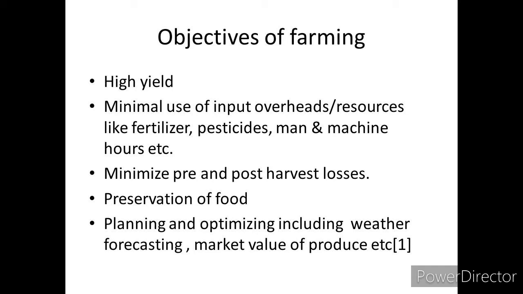Of course, I have only illustrated few points. Apart from this, we do have many other objectives also depending upon the geographical locations, etc.